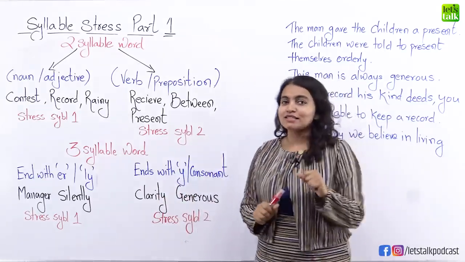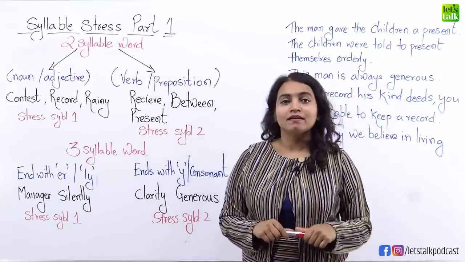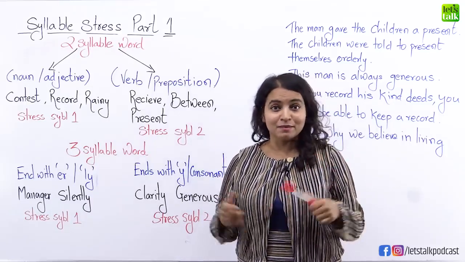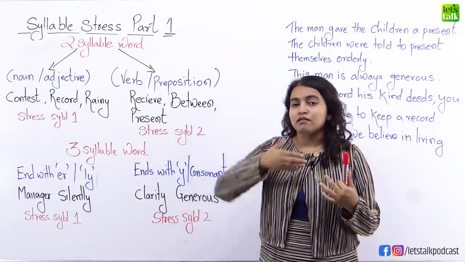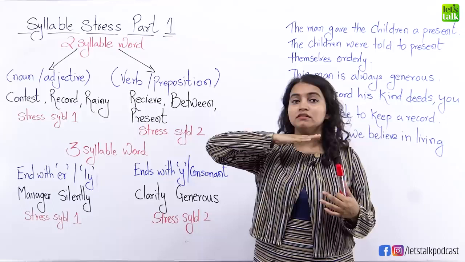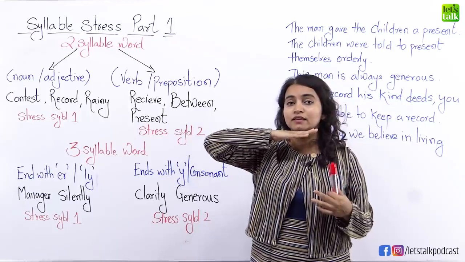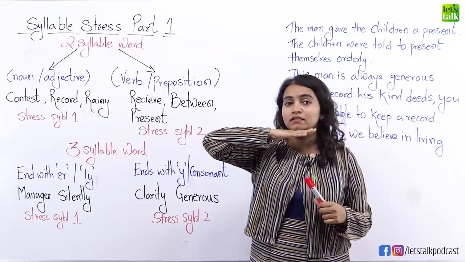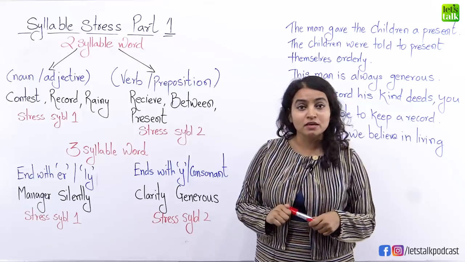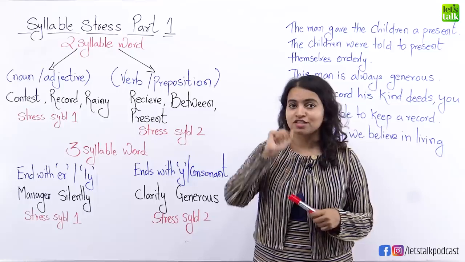Let's try this little exercise. What's my name? Seema, right? When I say my name, let me put my hand below my chin and say it like that. Seema. How many times do you think my chin dropped? Let's say it again.